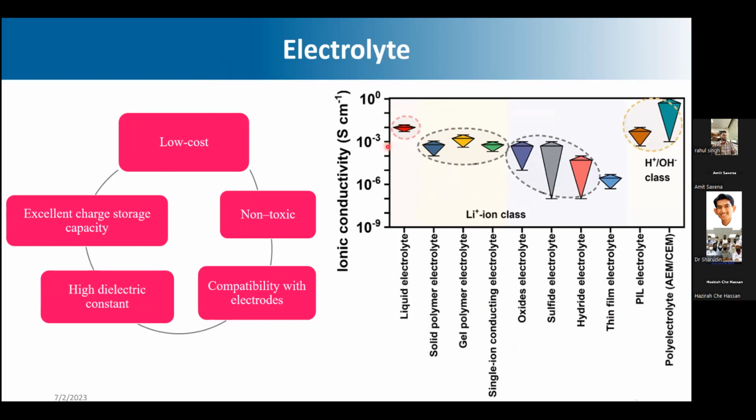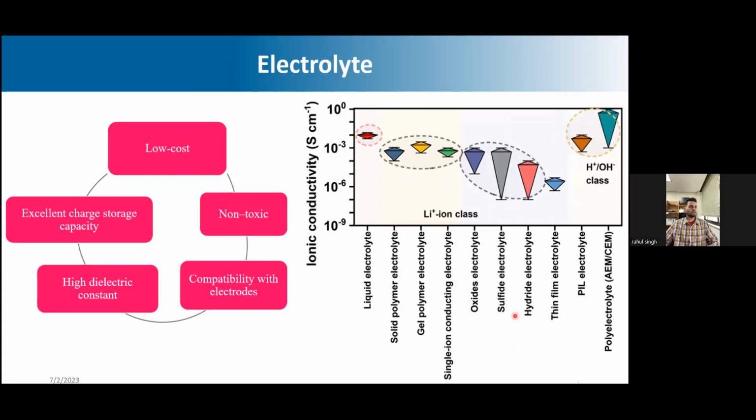So if we see, these are the different types of electrolytes, and here in one chart I have shown them. This has been created with a lot of data reported in the literature, and some data are from industries.